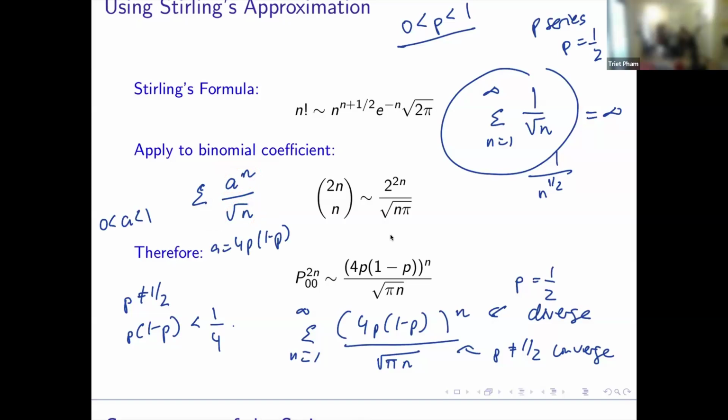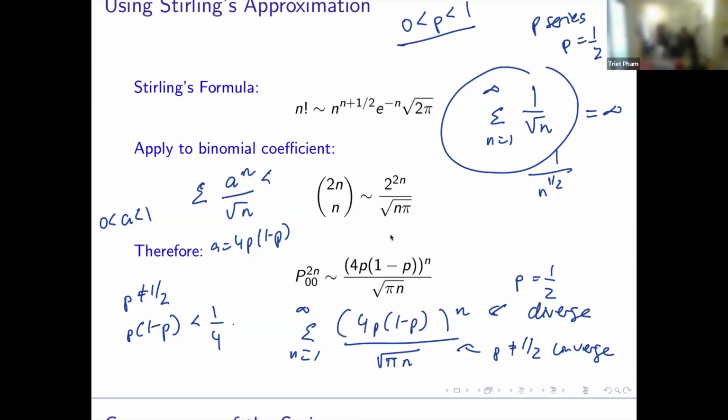Actually here, the root n doesn't hurt, it helps. So you can just directly compare it to a to the n, because the root n just makes it smaller, not bigger, sorry. If you have a root n up there, it hurts, but even that won't affect the convergence. But here it helps. So it's less than this, and this converges because it's geometric.